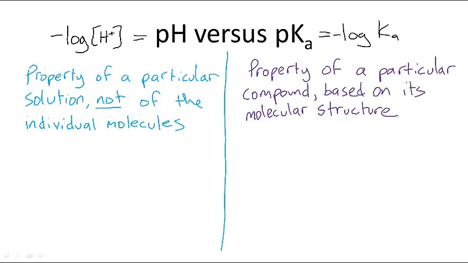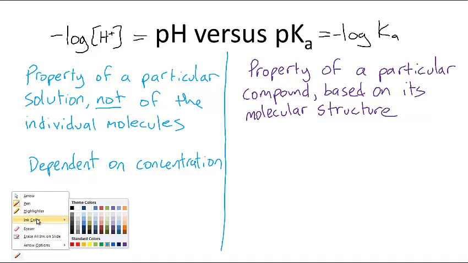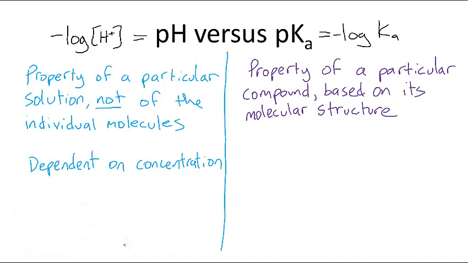It's dependent on concentration. So that's another important point. This is dependent on the concentration, whereas pKa, the pKa of a particular acid, doesn't change based on its concentration because it's an intrinsic property of the molecule itself.